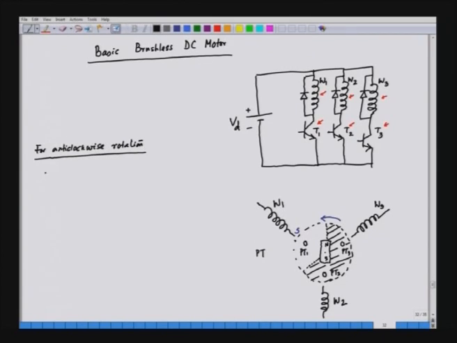What we do here is, the phototransistor 1, PT1 feeds the transistor 1, PT2 feeds the transistor 2, and PT3 feeds the transistor 3. Now, if PT1 feeds transistor 1, W1 is excited, and when W1 is excited, a south pole is created and it attracts the north pole of the rotor.